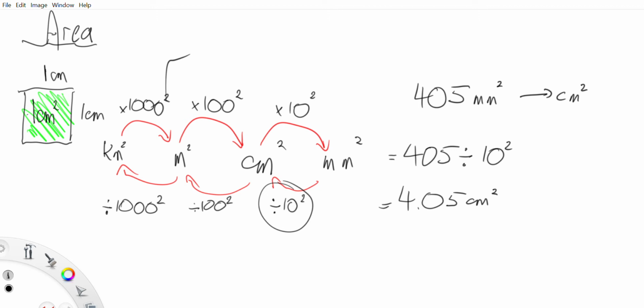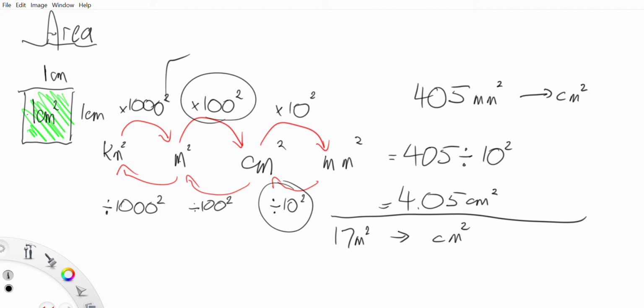So I'll quickly do another one. If we had 17 metres squared, and we want to convert that to centimetres squared, what do we have to do? To go from metres squared to centimetres squared, we need to times by 100 squared.